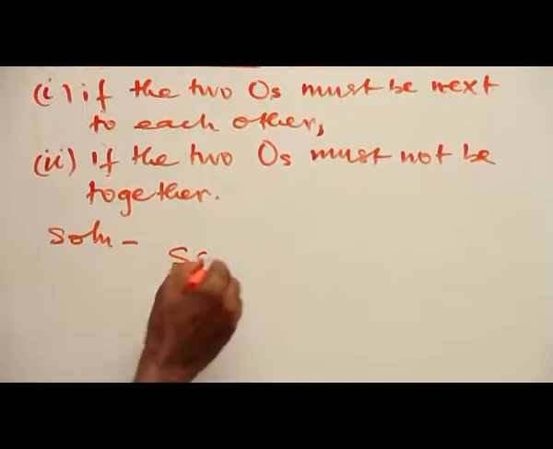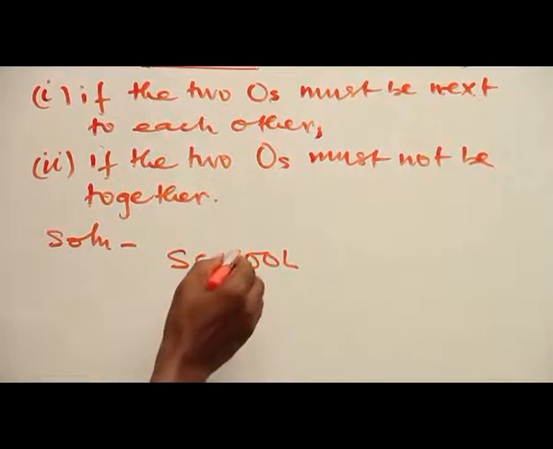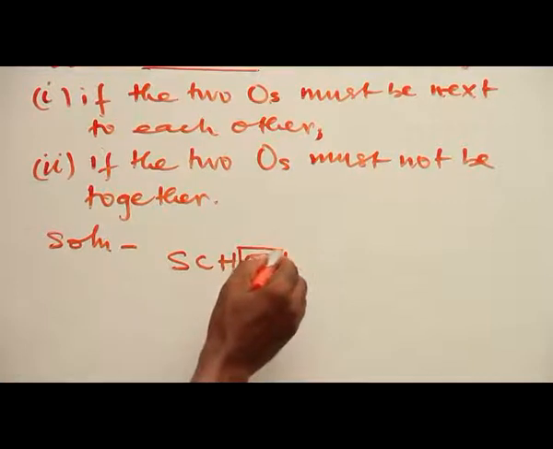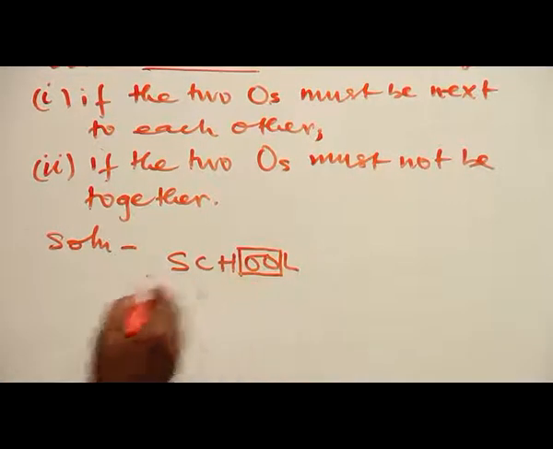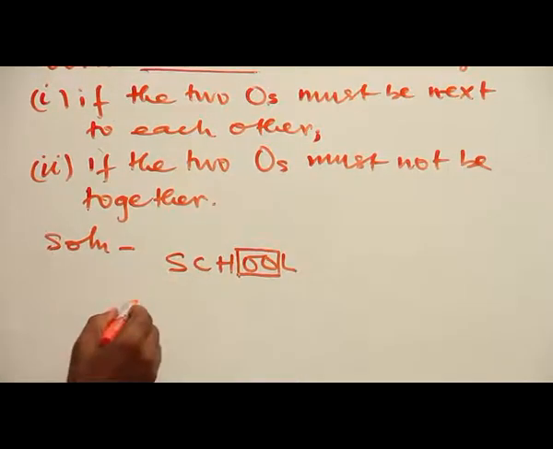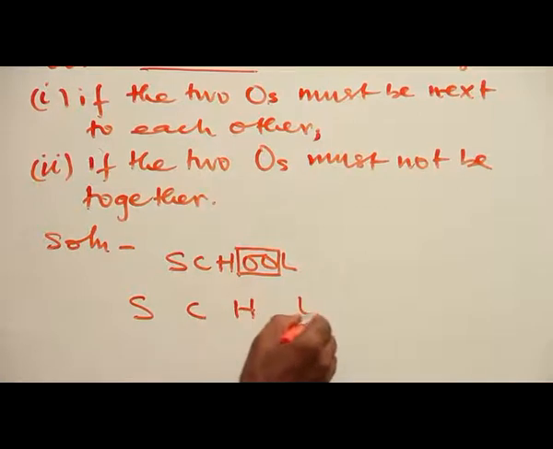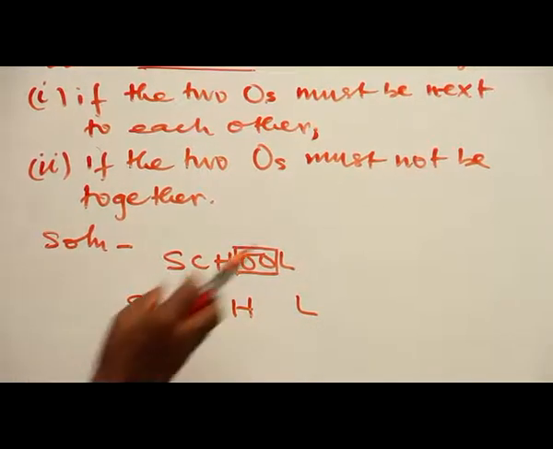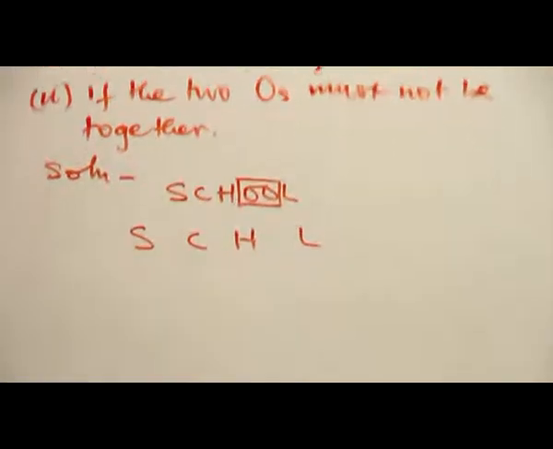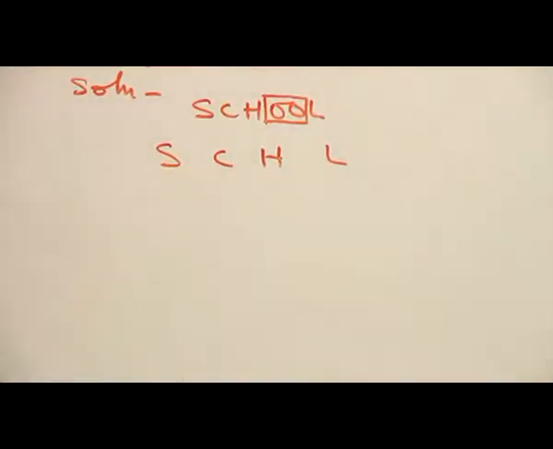Here is the word school. For the 2 O's to be together, let's close them up in this form. So, we have S, C, H, and L. If we remove the 2 O's bunched together, we want to fill them in between these letters.